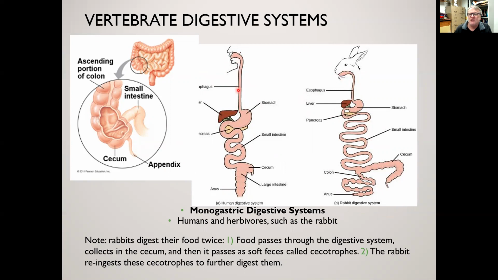So the esophagus carries food from the mouth to the stomach. The stomach is going to process food in a very specific way and then pass it to the small intestine.